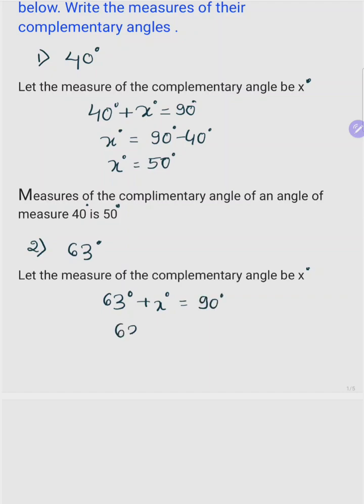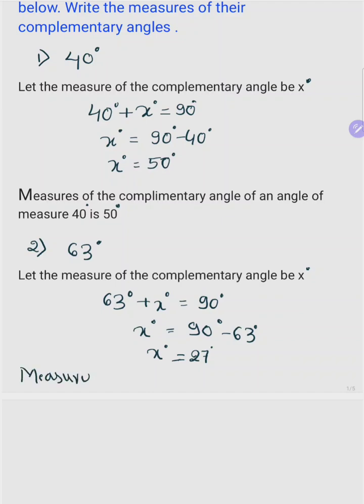So s degree equals 90 degree minus 63 degree. How much is it? It is 27 degree.